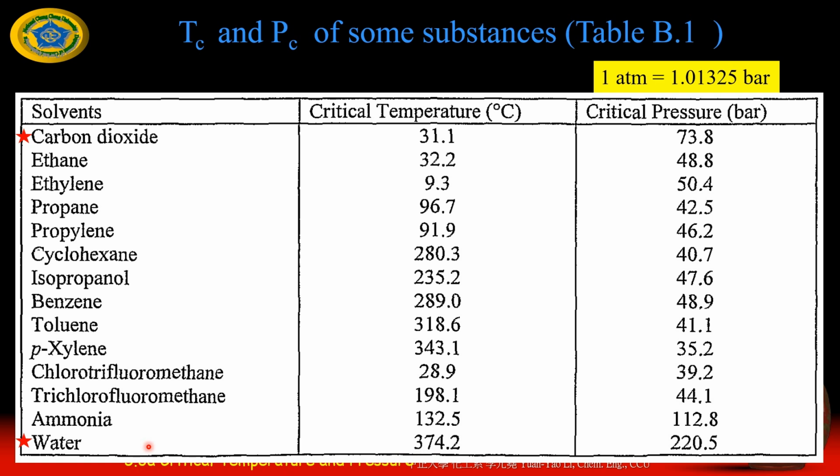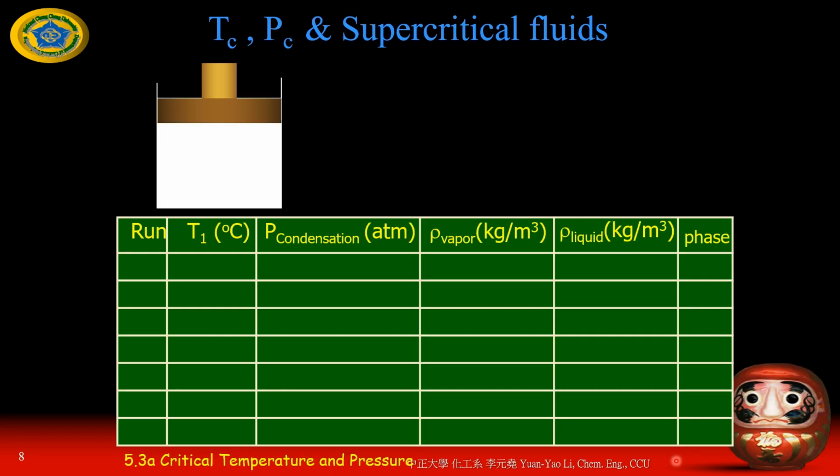Supercritical water needs a temperature higher than this and a pressure higher than this. When I did my experiment, I was a little worried about it exploding, because this is very high pressure and high temperature. You need to operate your equipment very carefully, with caution.